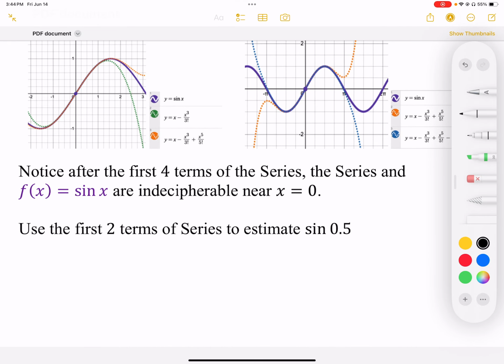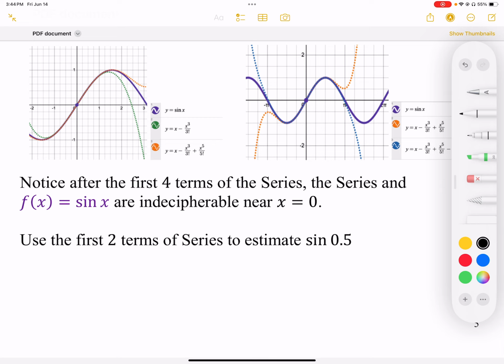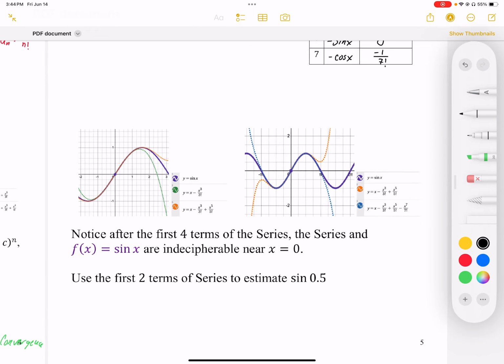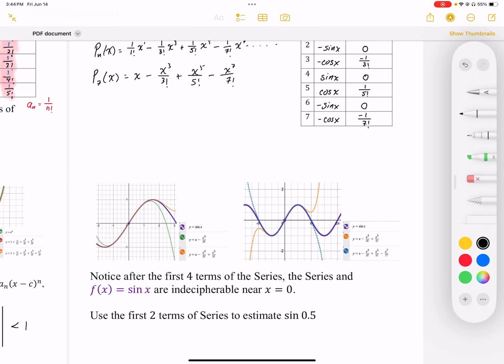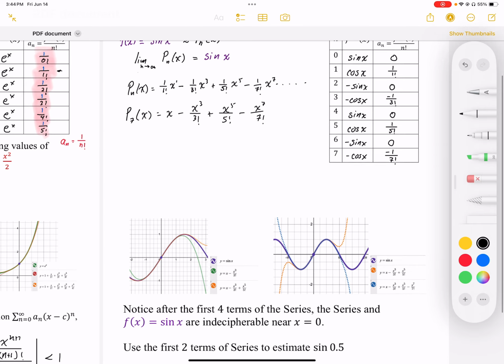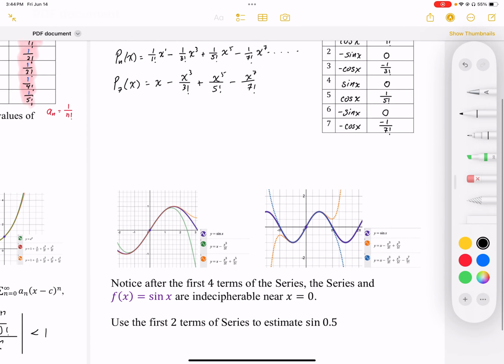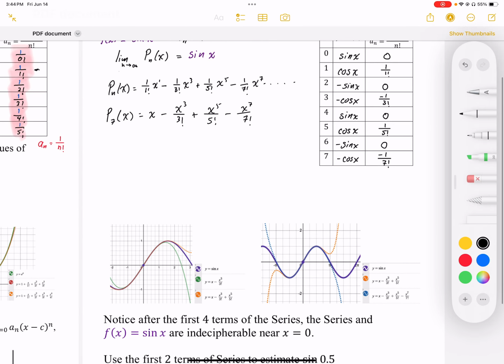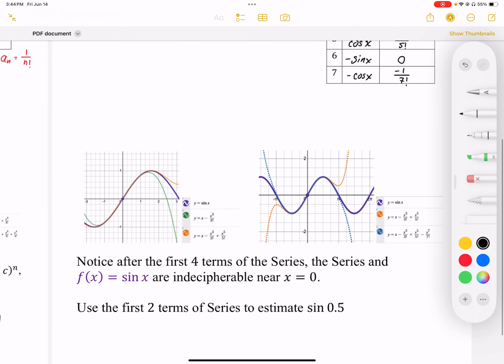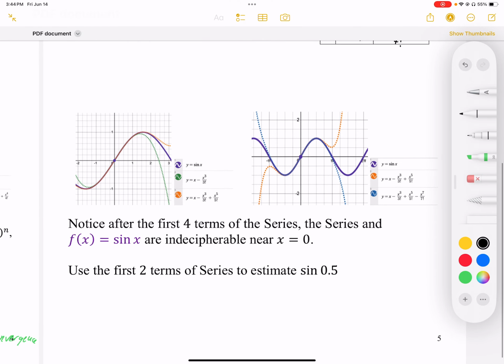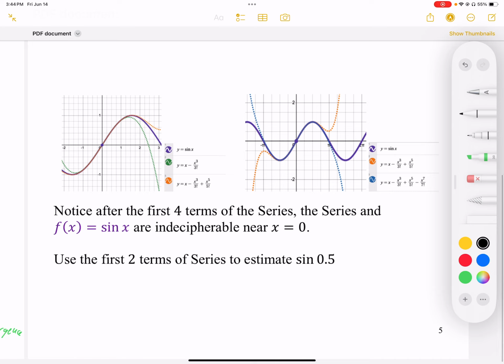So then we're going to take the first 2 terms of that series and estimate sine 0.5. That is going to be just x minus x cubed over 3. We'll call that P3 since it's got n equals 3.